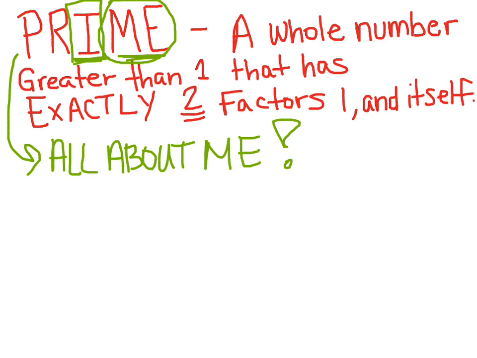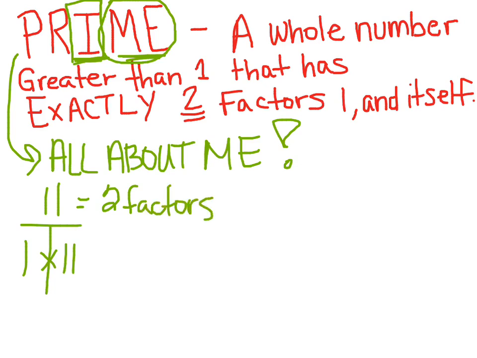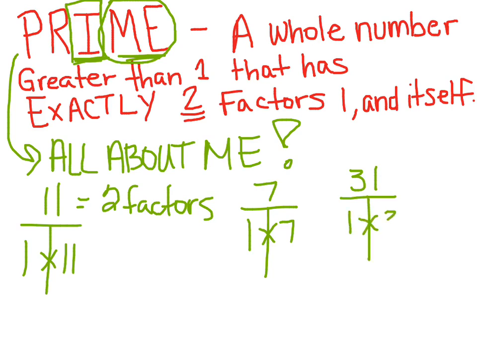So if I have the number 11, the only way to make 11 is 1 times 11. 2 factors, 1 and 11. The number 7, 1 times 7. The number 31, 1 times 31.